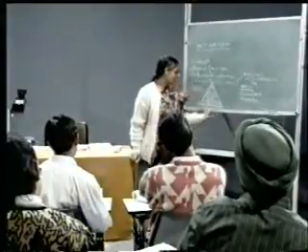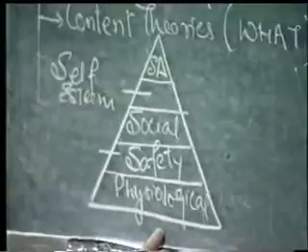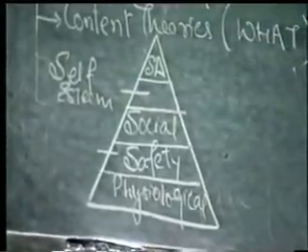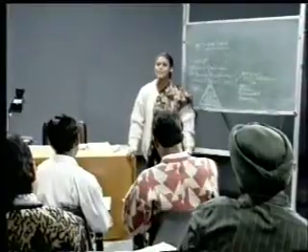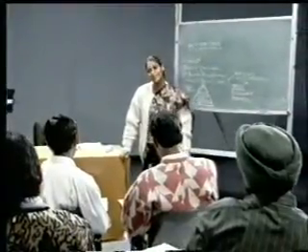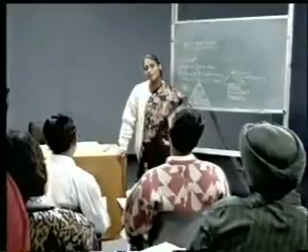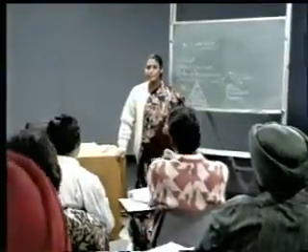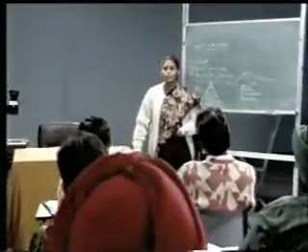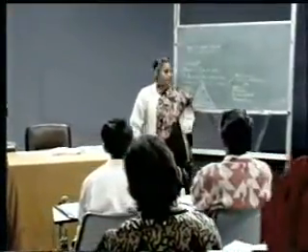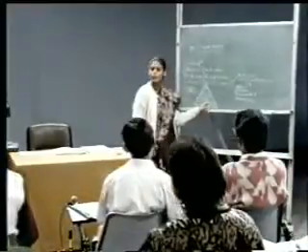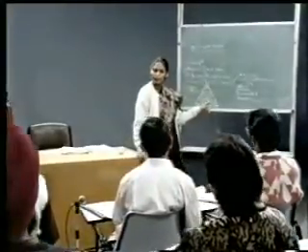Then he would not stay here; when his physiological needs are satisfied, he will look for a job where at least he can aspire for a permanent job. Or somebody joining as ad hoc would like to be a permanent employee, because nobody can turn you out of the organization if you are a permanent employee. So you would look for more security needs.